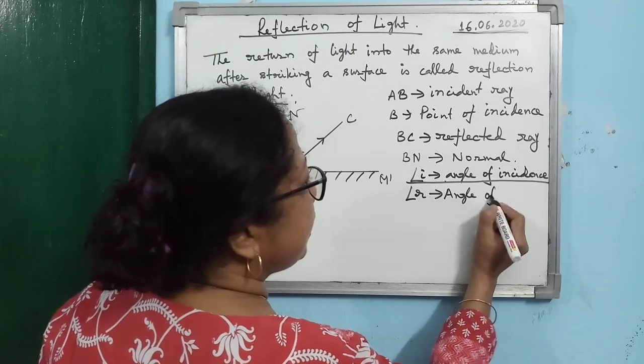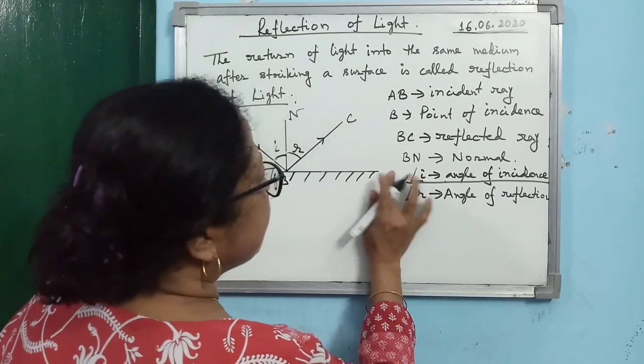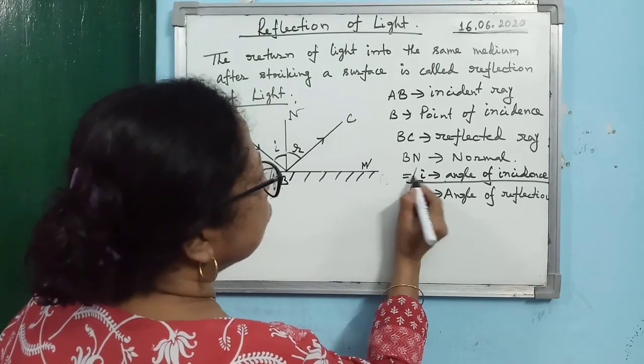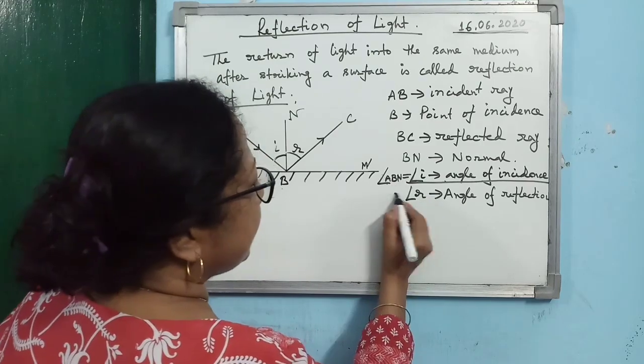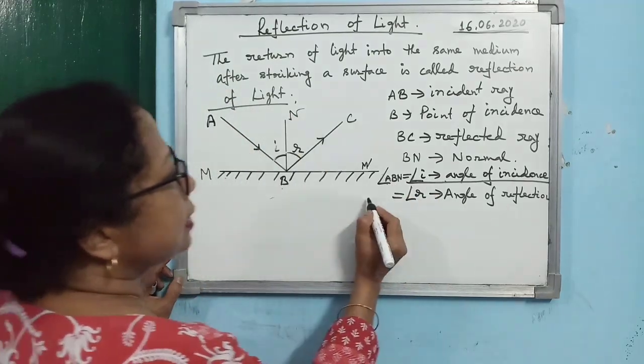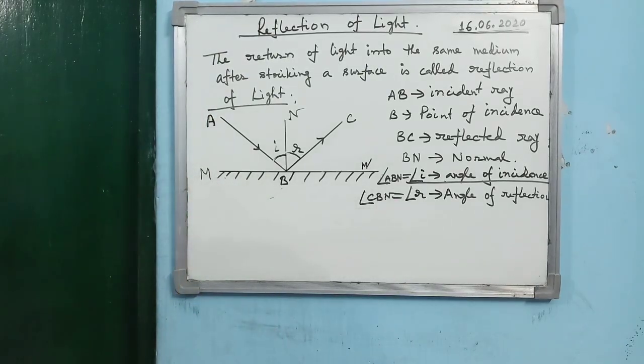So here you see this is angle of reflection. I should write the full name also. In this case it is ABN is the name, the symbol is i, and in this case the name is CBN, or you can write NBC also.